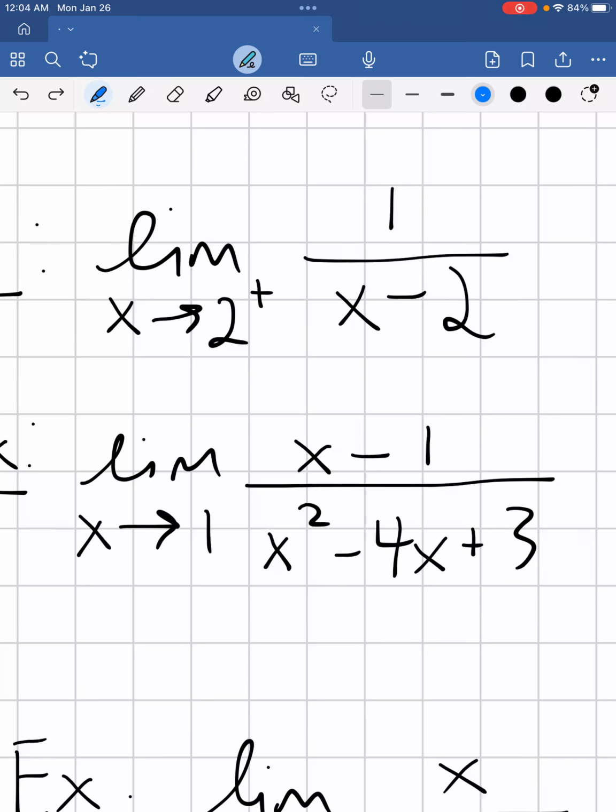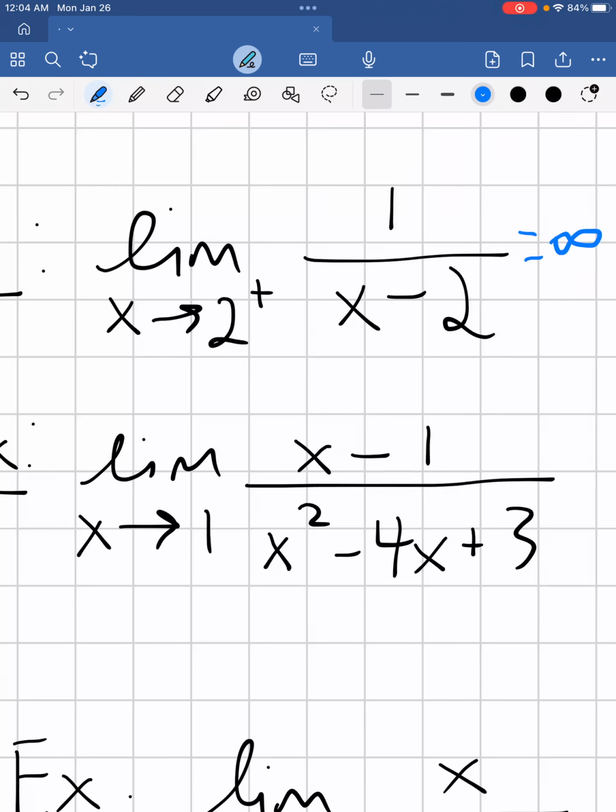Because if you think about it, if I were to hold the numerator constant and just make the denominator smaller and smaller, the value of a fraction would get larger and larger. Like if I were to take a pie and cut it into smaller and smaller pieces, I'd be able to get more and more pieces of pie. All right, but anyway, so we get a really big positive number that translates to positive infinity.